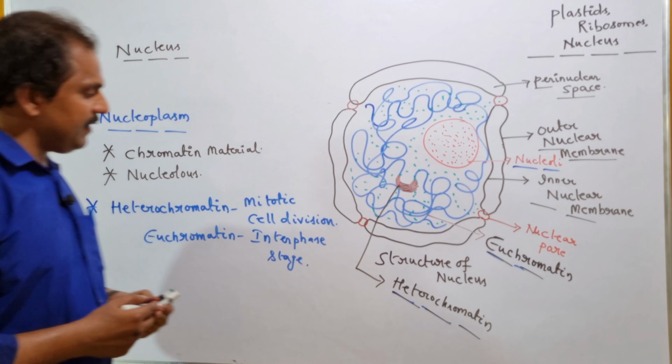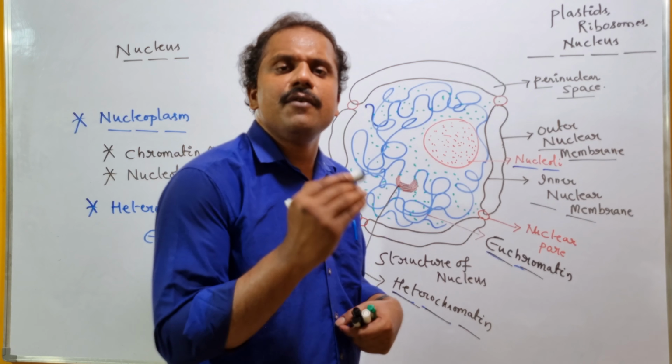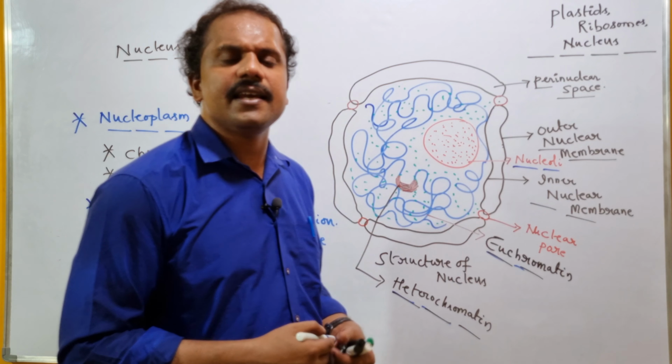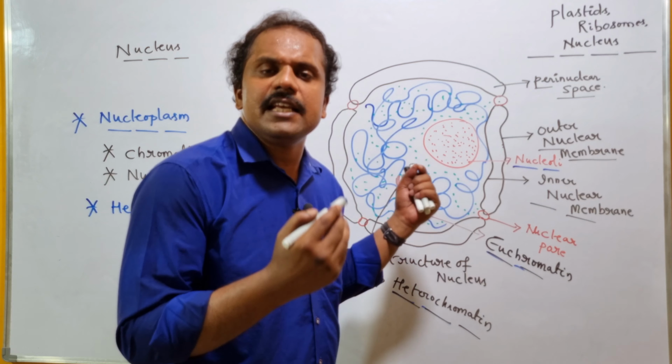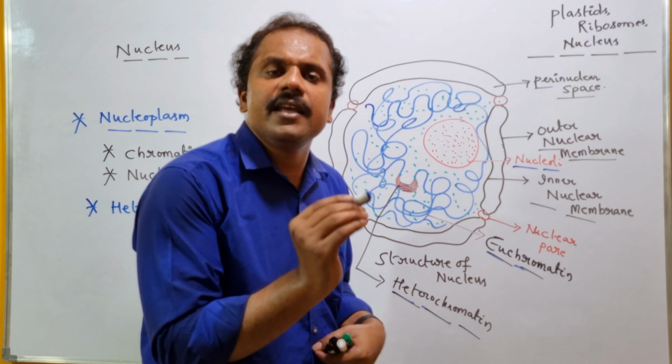Within the interphase stage of the cell cycle, the chromatin material remains in loose form, but during mitotic cell division, it won't remain in loosened form.